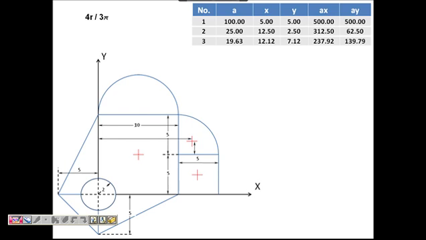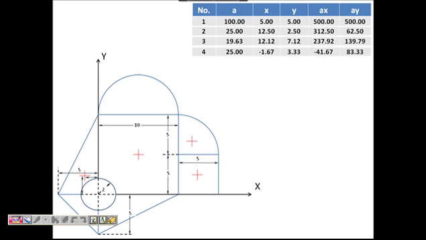Having finished these three figures, we go to figure number 4, a triangle whose centroid is located here, and this is the x coordinate and this is the y coordinate. For a triangle, you remember that it's b by 3 and d by 3, and therefore the area is simply 10 into 5 by 2, x coordinate 5 by 3, that is 1.67, and y coordinate 10 by 3, that is 3.33.